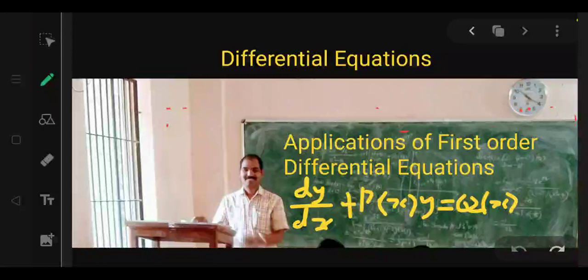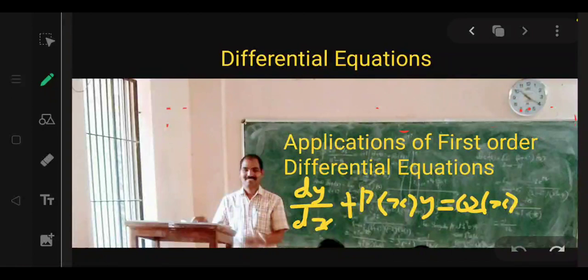We are discussing first order differential equations. Now we will see what are the applications of first order differential equations. We know that the first order differential equation has a general solution which contains one arbitrary constant.